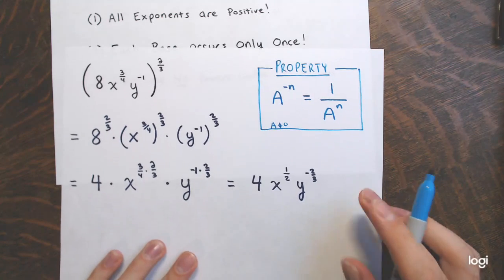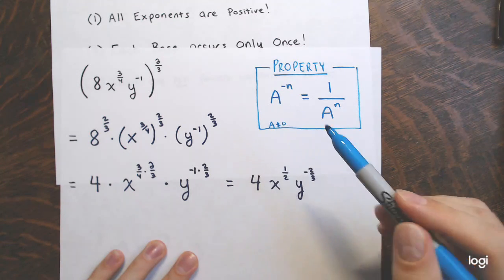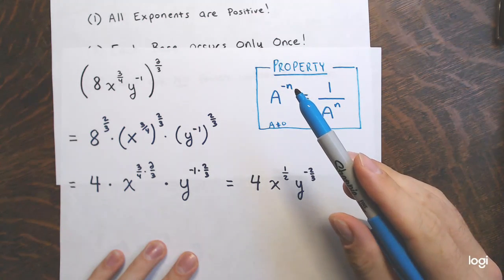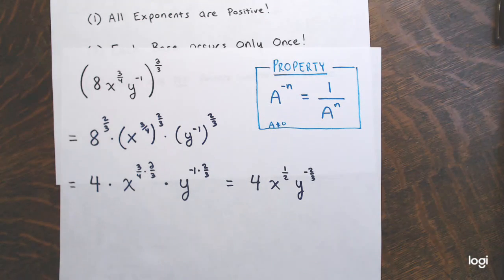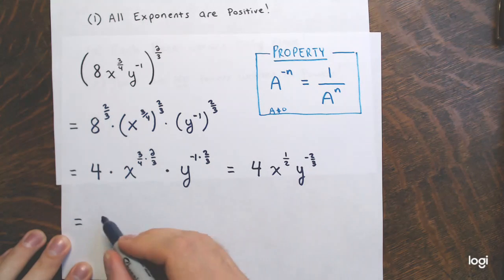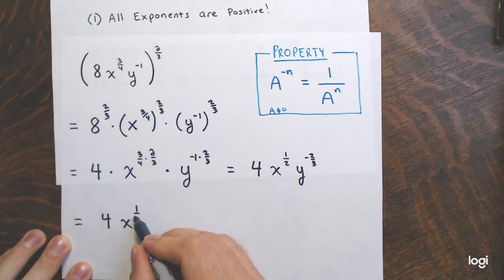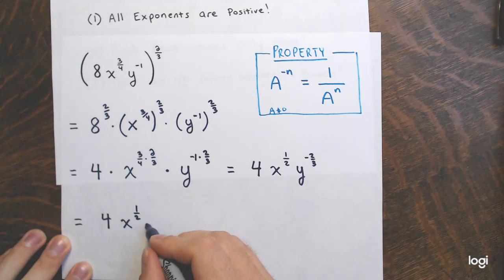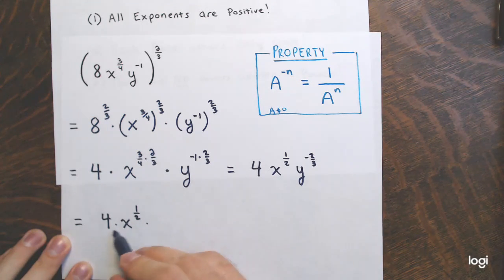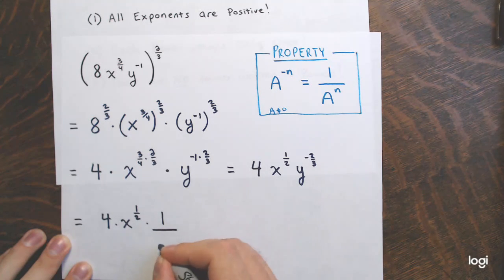All right, so down here, you see this negative power? See the y to the -2/3? That y is like this a, and the 2/3 is like the n. All right, so let's go through here. So now we have factors of 4 times x to the half times, and then just put little dots for times, and then this y to the -2/3 is 1 over y to the positive 2/3.